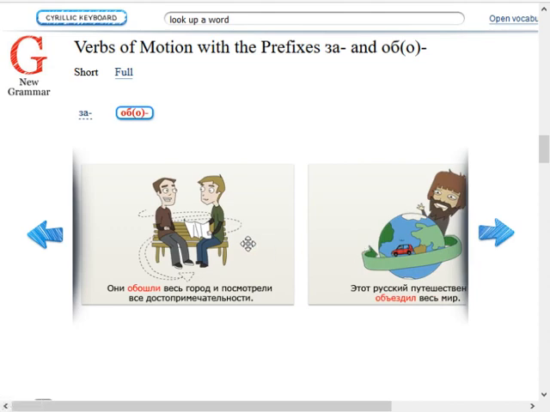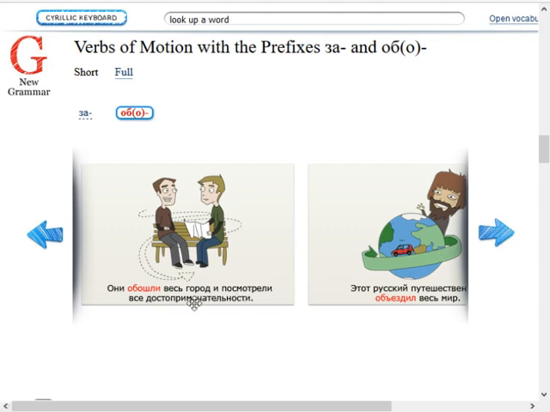Они обошли весь город и посмотрели все достопримечательности. Okay, I have to admit I do not know that last word there. But обошли весь город, they walked around the entire city. And then looked at whatever достопримечательности is.